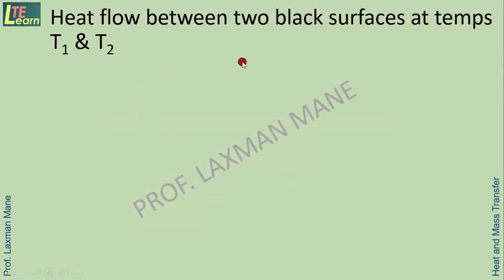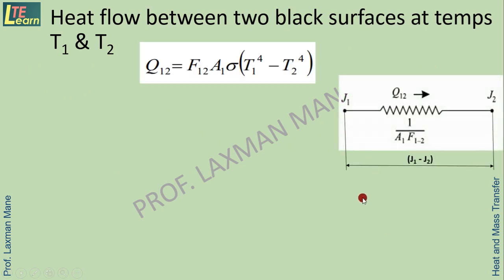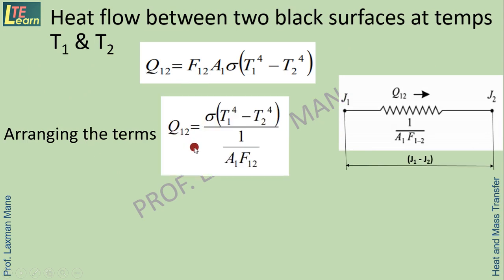Consider heat flow between two black surfaces at temperatures T1 and T2. So we have this equation. Arranging the terms, we have this equation. Q12 is equal to sigma into T1 raised to 4 minus T2 raised to 4, divided by 1 upon A1 F12.